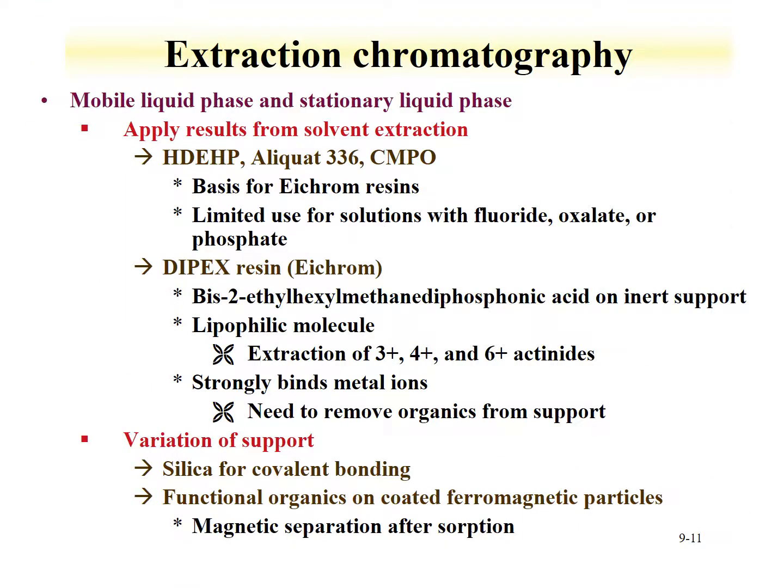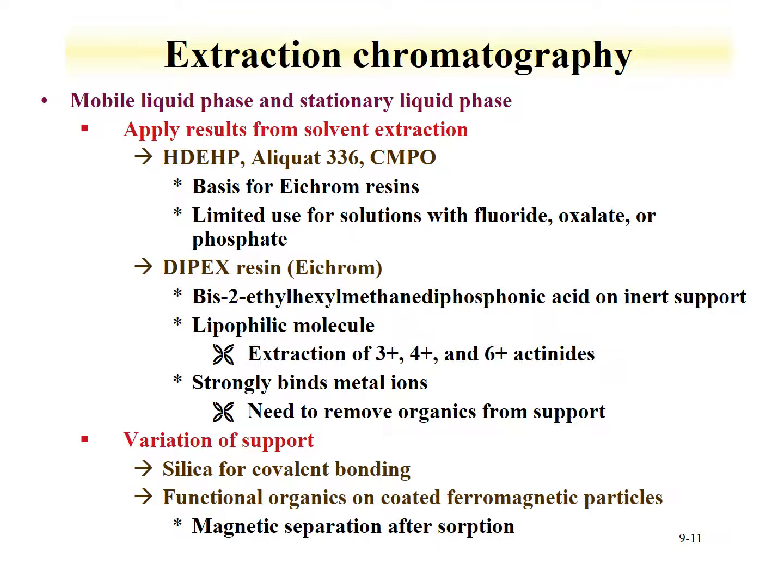Extraction chromatography is also performed with americium. One can think of extraction chromatography as combining solvent extraction and ion exchange, where there's a mobile liquid phase, generally the aqueous phase, and a stationary liquid phase, generally represented as the organic. So for the americium work, you could apply studies that were performed with the organic ligands such as HDEHP, CMPO, Aliquat 336, and these are the basis of Eichrom resins.